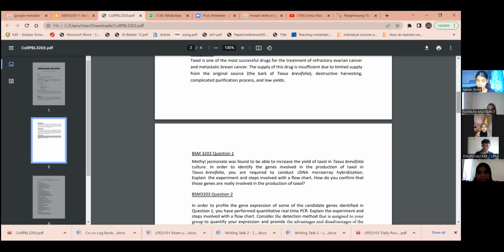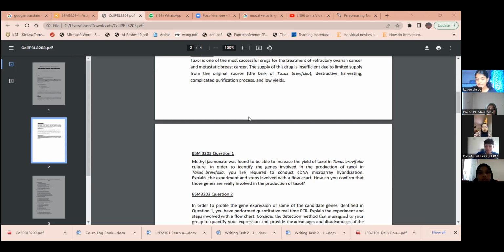Okay, thank you, Farisha. So for our question 1, we need to divide tasks on how we are going to do the answers. First thing first, do we prepare the answers in slides and then we present it later on, or how? We get the answers first and then we put it in the slide and then we present after that, is it like that?